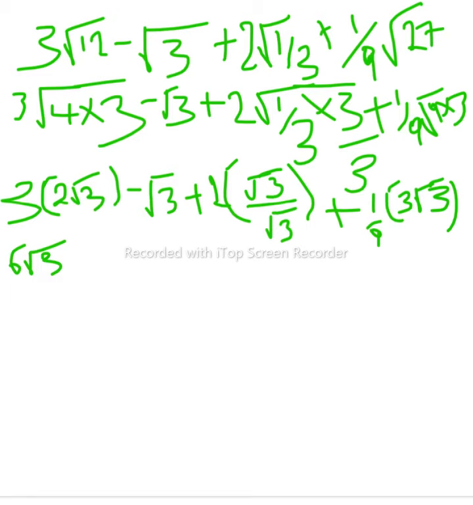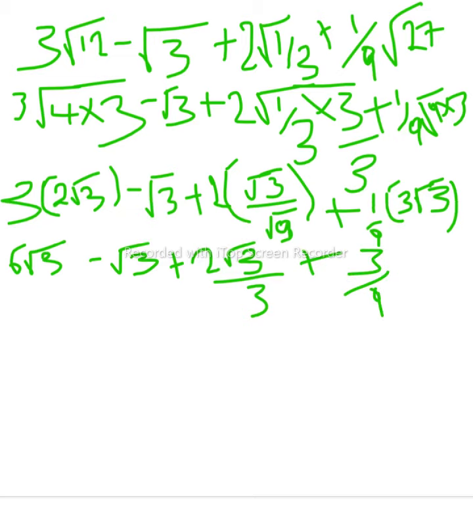Here we have 3 times 3, which is 9, and again 2 square root of 3. When 9 comes out of the square root it is 3, so we have 3 times 1 is 3 over 9, and under the square root 3 again.